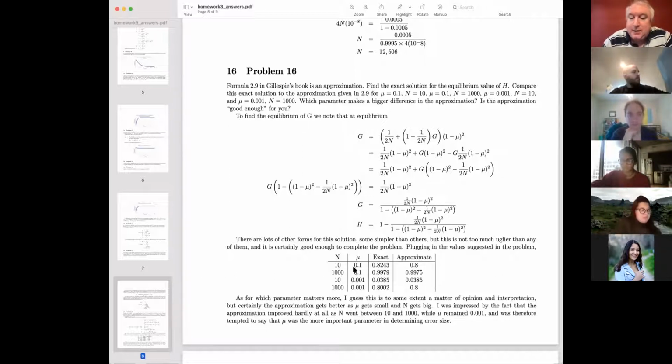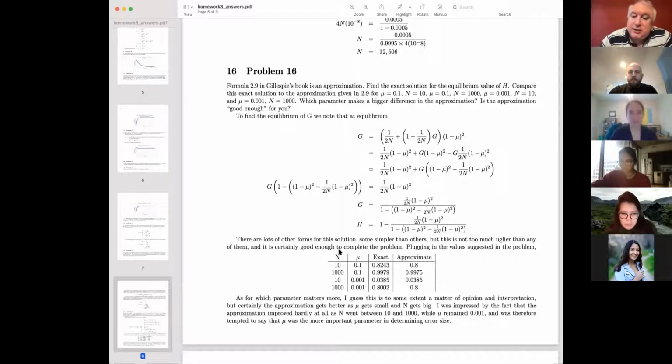When n is 1,000, I get less than a thousandth off. When mu is small, I get almost the same answer to about 4 significant digits. So when n is very tiny, like 10, there's a measurable difference maybe. But when n gets large, there's not even a measurable difference for almost any value of mu that makes sense.